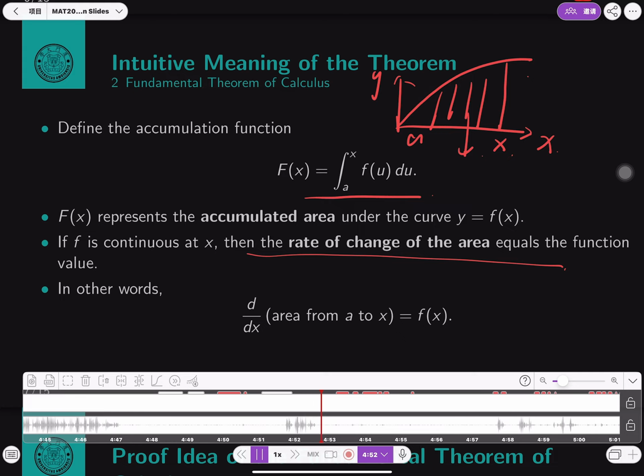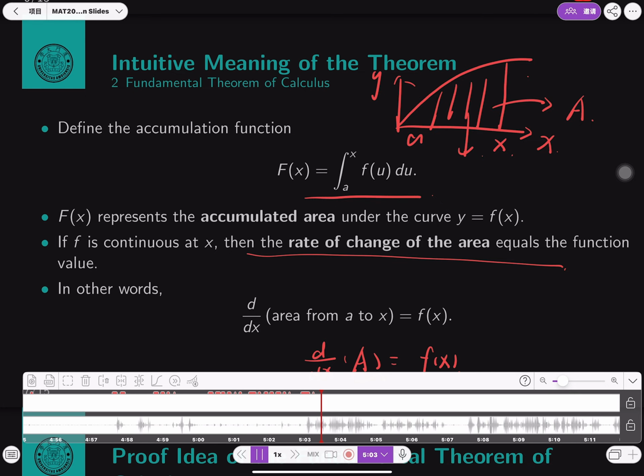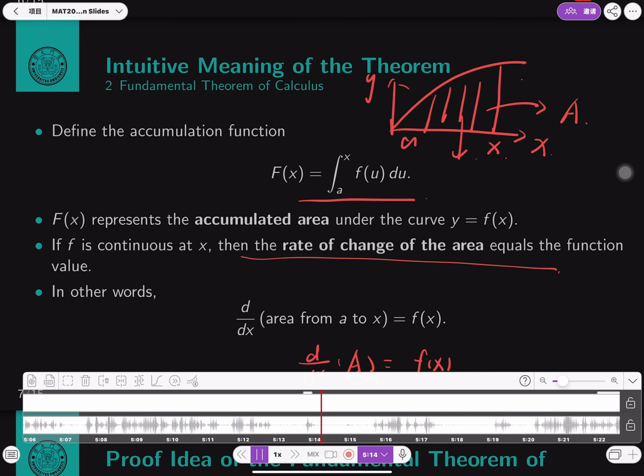In other words, let it be called A. It is the accumulated integral from a to x. This explains why integration and differentiation are inverse processes. This is the meaning of the theorem.